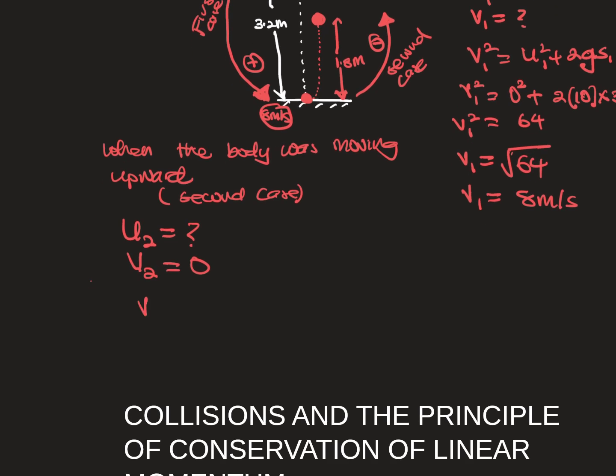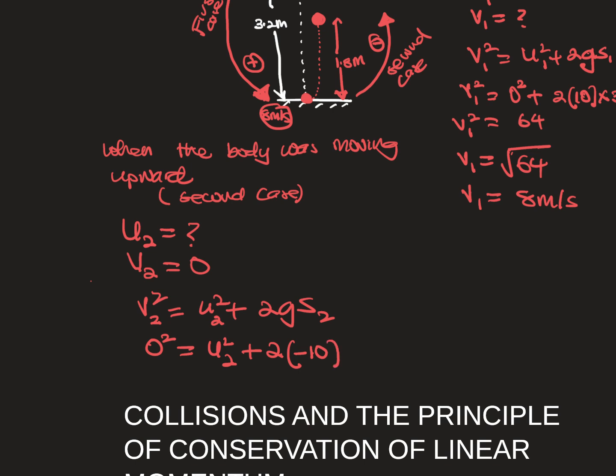So using V squared equals U squared plus 2GS, because we are considering the second case, we can say V2 squared equals U2 squared plus 2GS2, right? V2 will be 0, so that will be 0 squared equals U2 squared, which we are finding, plus 2. Gravity will be negative 10 because the body is moving upward, right?